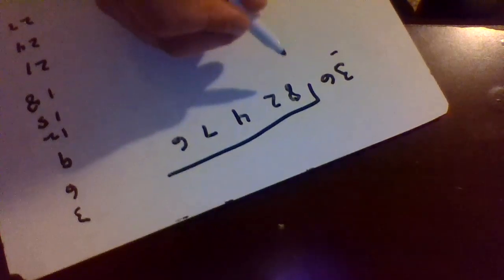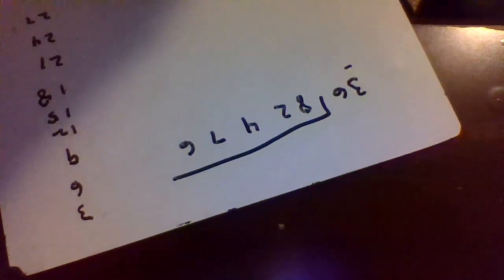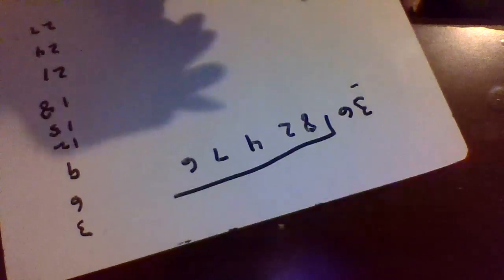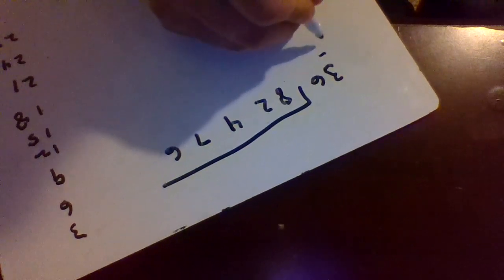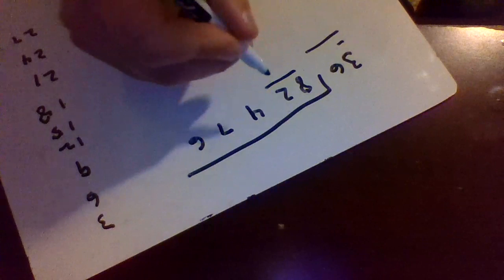So, let's work through this together. 36. 3 can go into 8. How many times can 3 go into 8? 3 times 3 is 9, and 9 is too big. So, we're going to go 3 times 2. Now, we've got to remember that we're not taking 3 into 8, we're taking 36 into 82.